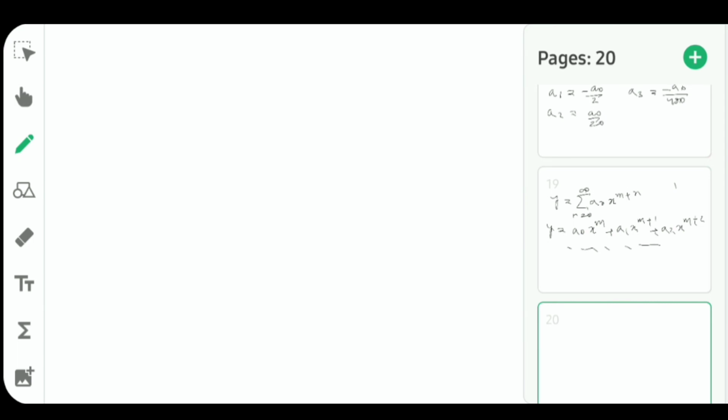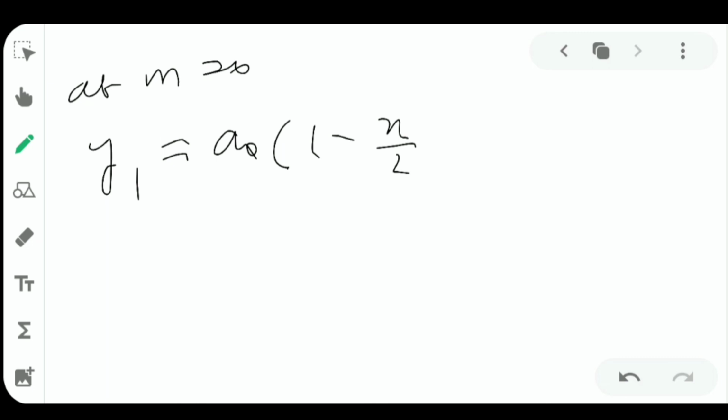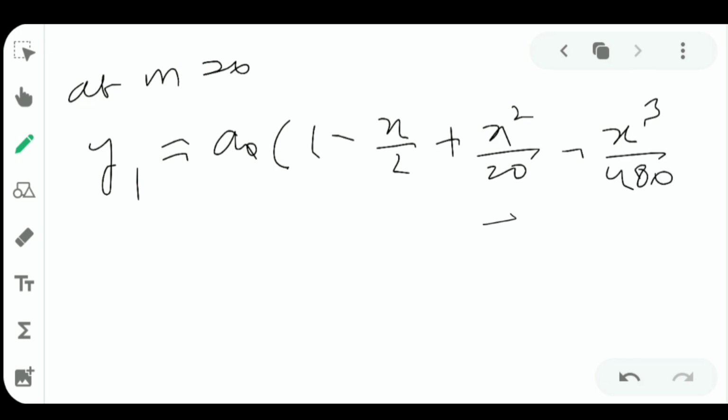So if you put the value of a naught, a1, a2 here, then at m equal to 0, y1 will be equal to a naught times 1 minus x by 2 plus x square by 20 minus x cube by 480 plus, and it goes on.